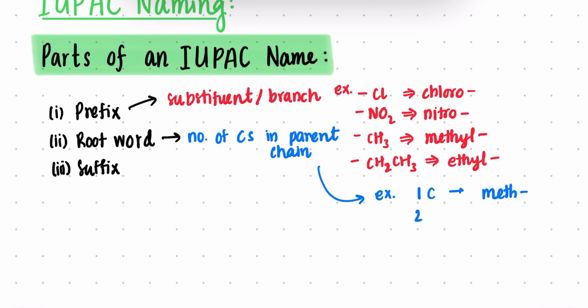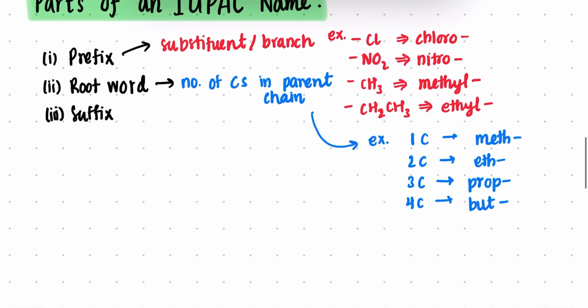Two carbons, that's eth. Three carbons, that's prop. Four carbons, but. Five carbons, pent. Six carbons, hex.